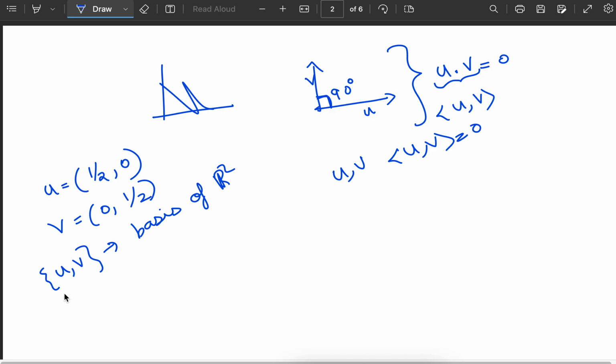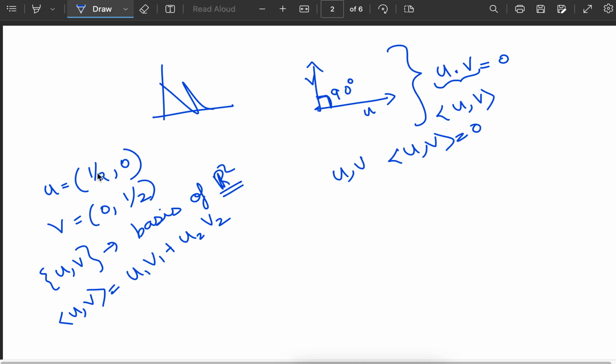We need to verify whether u and v are orthogonal or not. Here we are considering R² with the Euclidean inner product, that is, inner product of u and v is u1 v1 plus u2 v2.